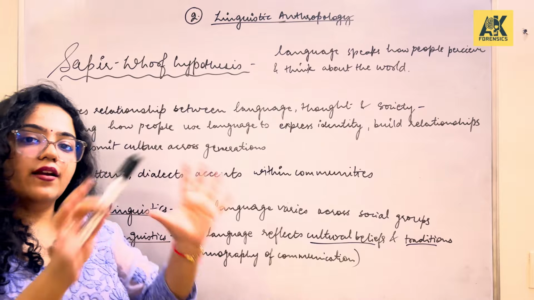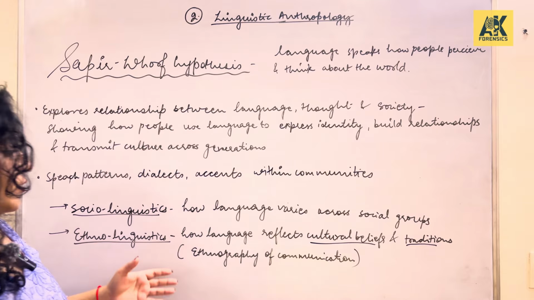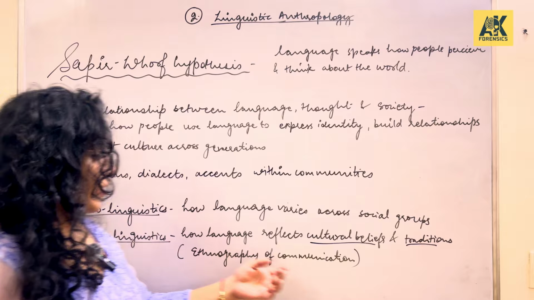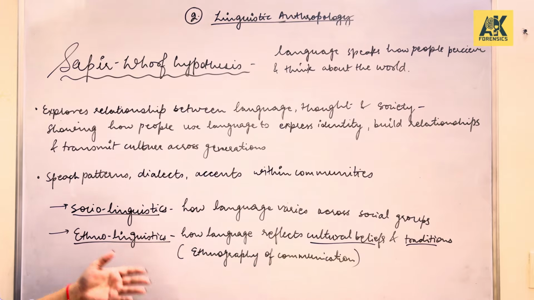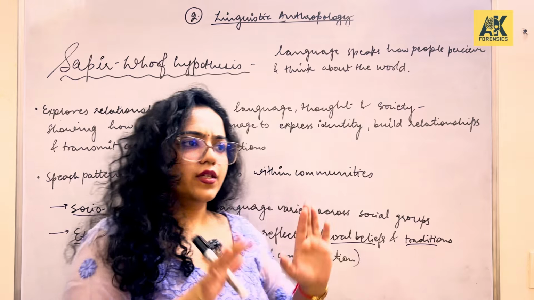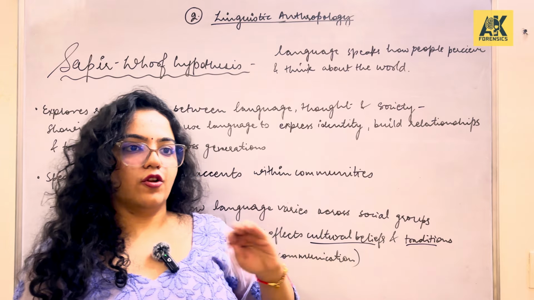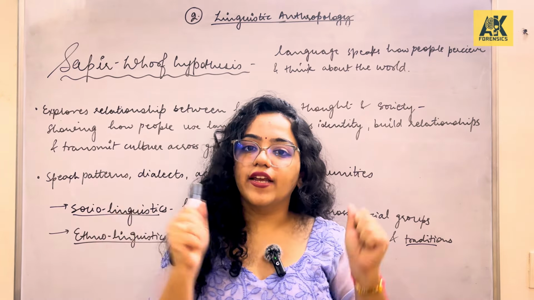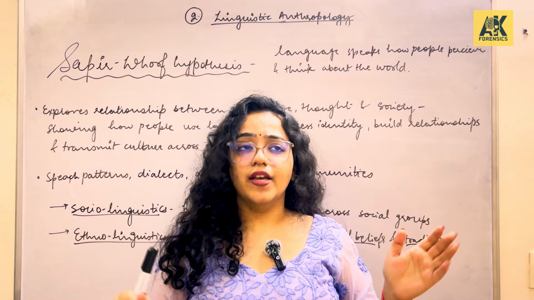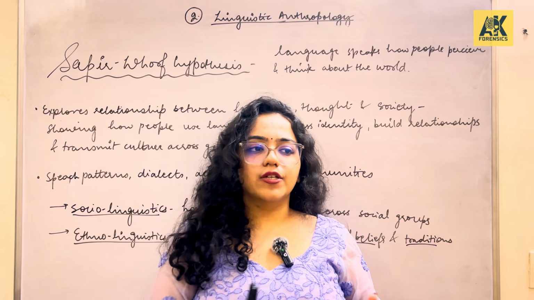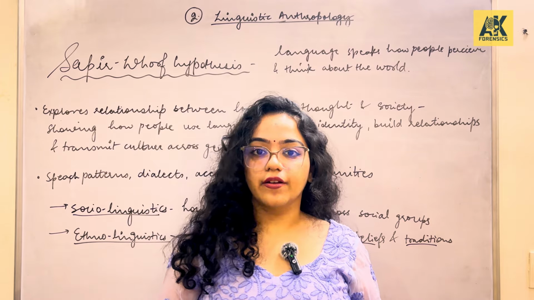Ethnography was the detailed account of a culture, right? So ethnography of communication क्या होगा? Ethnolinguistics. It's just a term that has been given. So linguistic anthropology is not very much segregated from cultural anthropology, but it is a different branch because there is a lot to study in it, right?